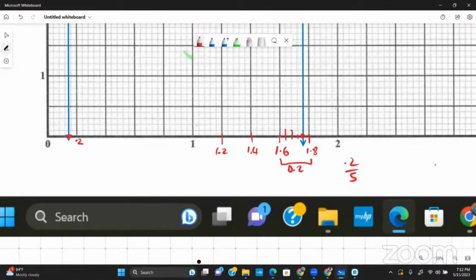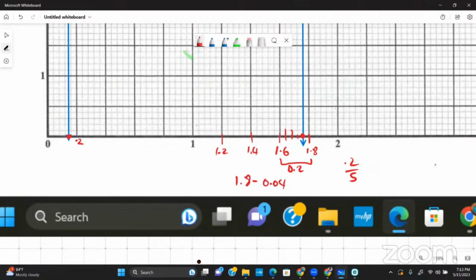0.2 divided by 5 is 0.04. All right. So depending on how you want to do it, it's 0.04. So then for the solution here, it's 1.8 minus 0.04 because it's one line less, so I could take it from it.